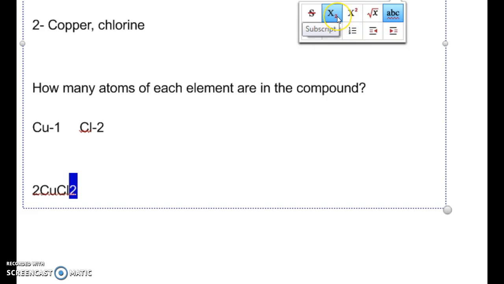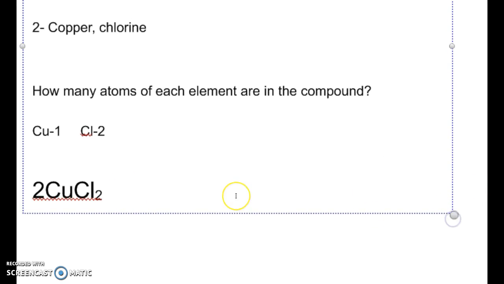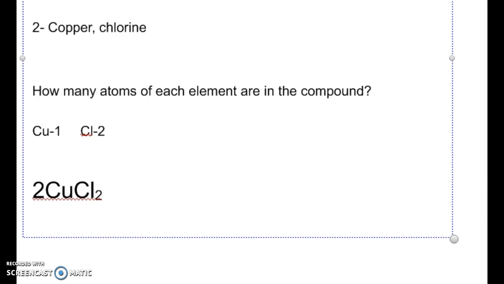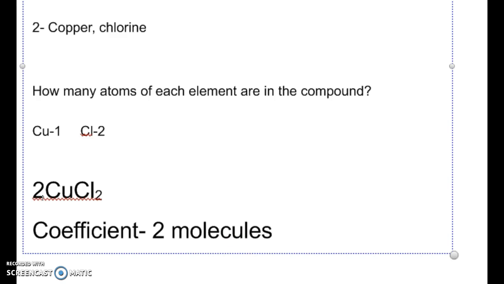If we put a 2 in front of that, then it's a little bit different. That 2 right here is a coefficient, just like in math, and it tells you that you have 2 molecules. So you have 2 molecules of this compound, CuCl2.